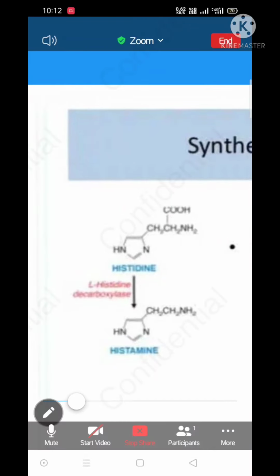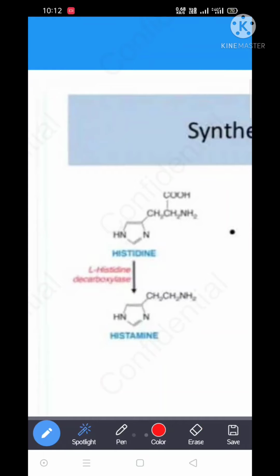Here you can clearly see histidine, which we use as a precursor, and in the presence of L-histidine decarboxylase, which is an enzyme, the main function of this enzyme is to remove CO2 from here and convert it into histamine.